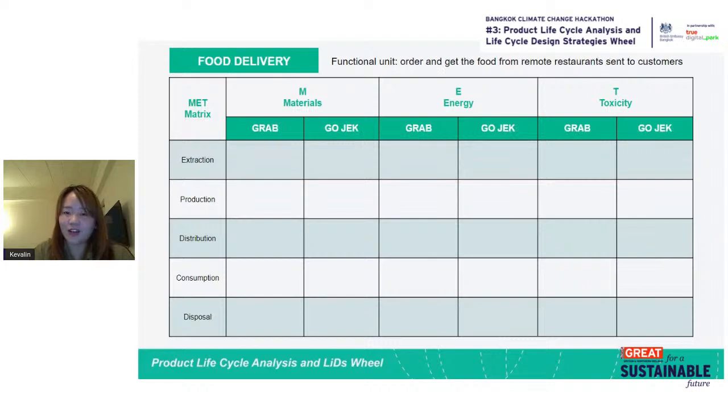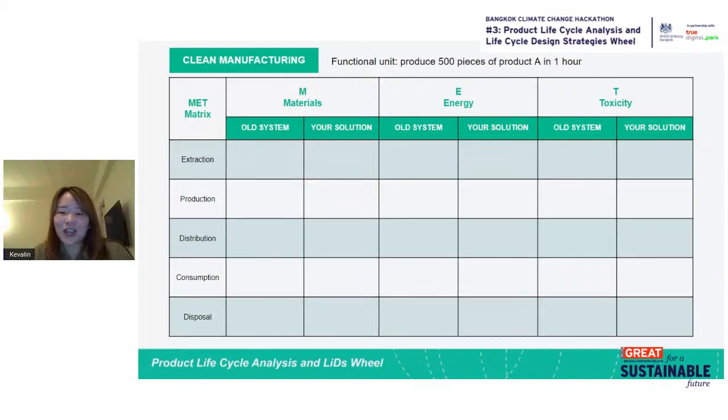You can compare food delivery application, with the functional unit of ordering and getting the food from remote restaurant and sent to customer. Or we can actually try to compare and redesign the cleaner manufacturing process. By comparing the old system to your solution, you can be a little bit more sure with your new solution that is not going to add additional problems to the system that we have today.